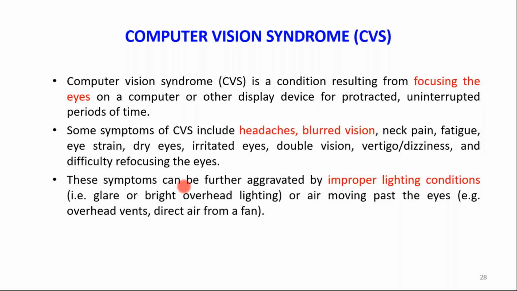That is the prevention technique or precautionary measure you should follow when the lighting conditions are not good on your desk or at the working station.